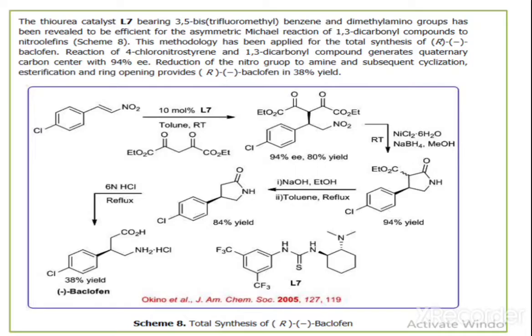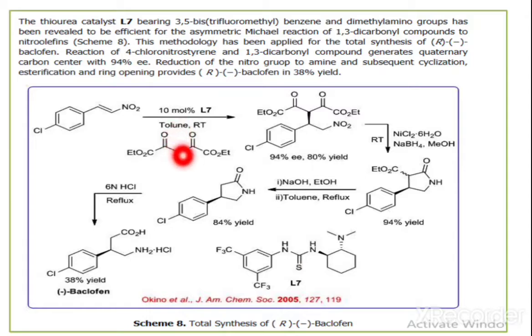When you use the thiourea catalyst, this L7 catalyst named 3,5-bis trifluoromethylbenzene and dimethylamino group, it is efficient for the asymmetric Michael reaction.